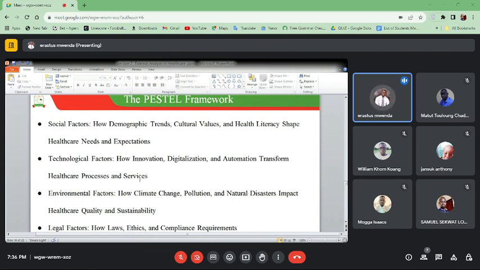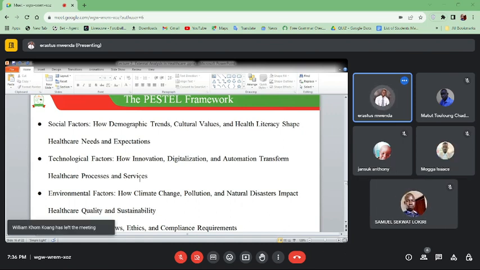On the technological front, as we are doing PESTEL analysis or using this framework to analyze the environment, we could look at the levels of innovation in terms of digitization. Have we moved to the level where, as an organization, we have digitized our services, automation of our services, and so on and so forth? And we have the environmental factors, issues around climate change.